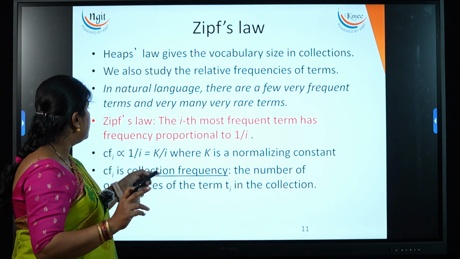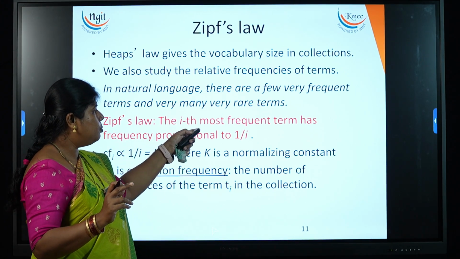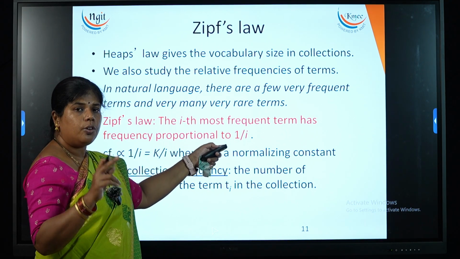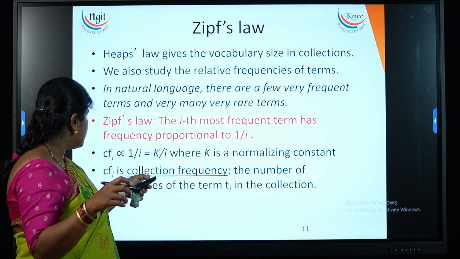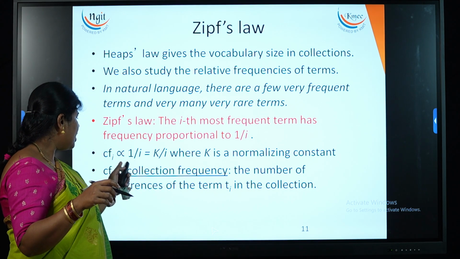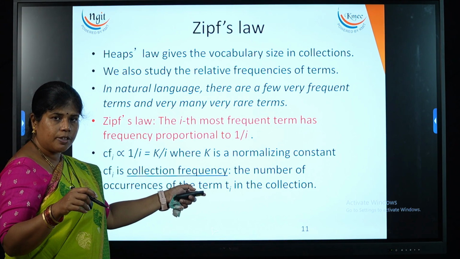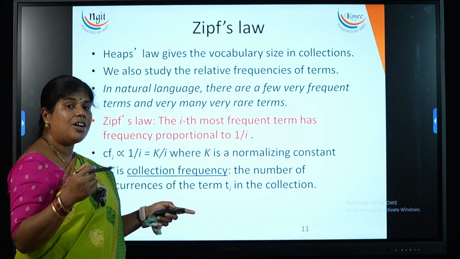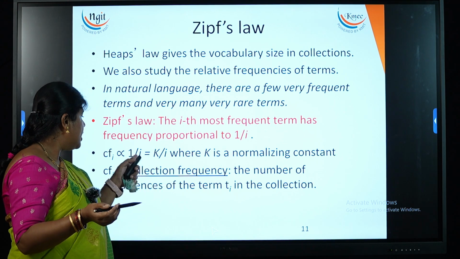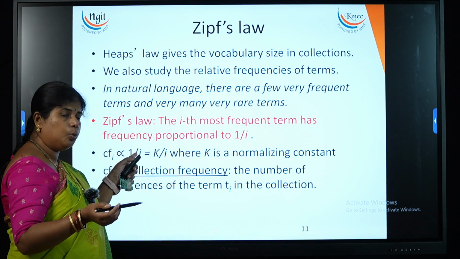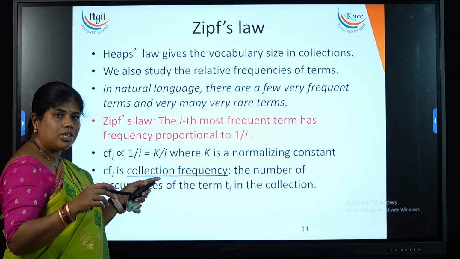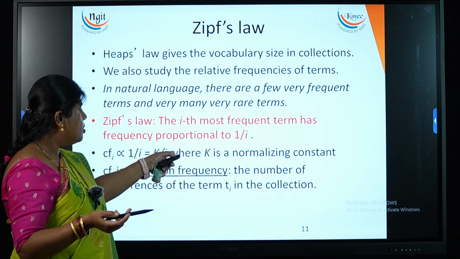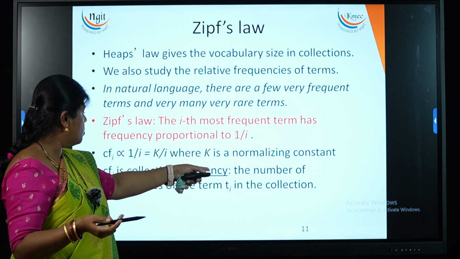So, Zipf's law is saying what? The ith most frequent term has a frequency proportional to 1 by i. Means your CF, that is the collection frequency, of the ith term, how many times it exists in my collection, is inversely proportional to 1 by i. Instead of taking 1, here I am taking k, which is a normalizing constant.